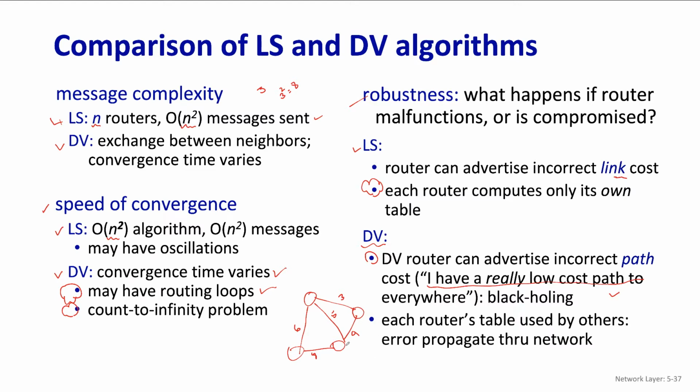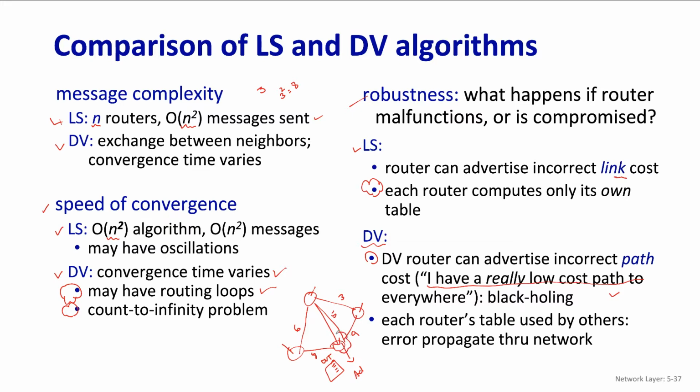If for some reason this one is an adversary and promotes a distance vector table with the least cost, all of the other routers will always forward all the packets to this guy, because he is the one that has the least distance vector table.